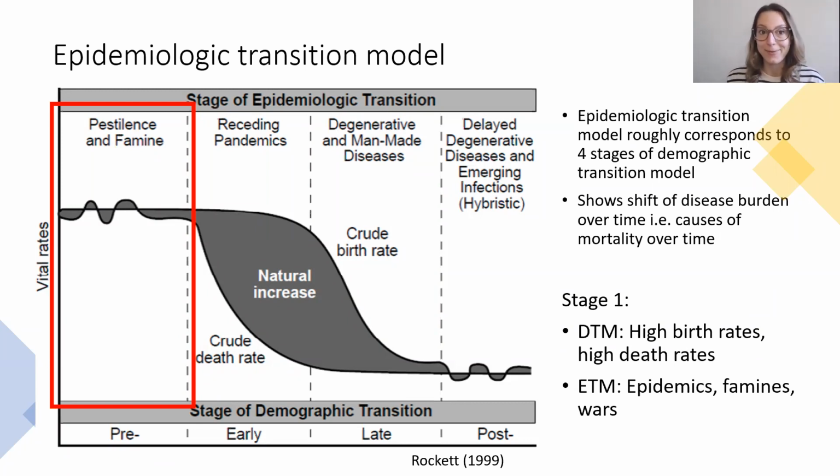So this is why we call it the stage of pestilence and famine, because this period of the epidemiologic transition model is really characterized by contact with pathogens, famines, wars, conflicts, things that keep the population in check. And infectious diseases are really the high disease burden, the type of disease that is predominant during this stage of the model.